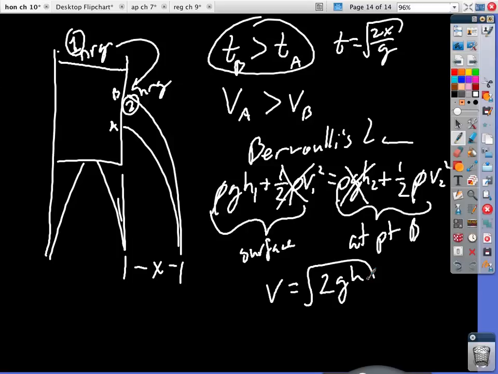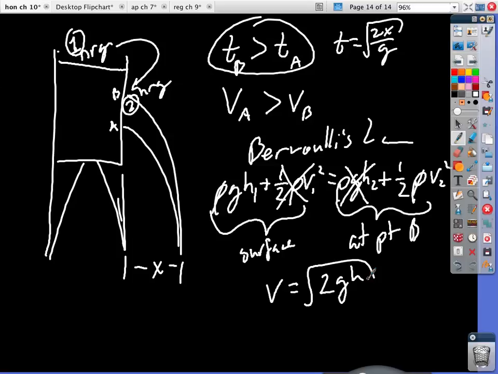So we've got energy there. We've got time here. Both are square rooted, right? So if you double one, it affects the other correspondingly. Basically, the argument here logically is the hole that is closer to the surface has the lower velocity.